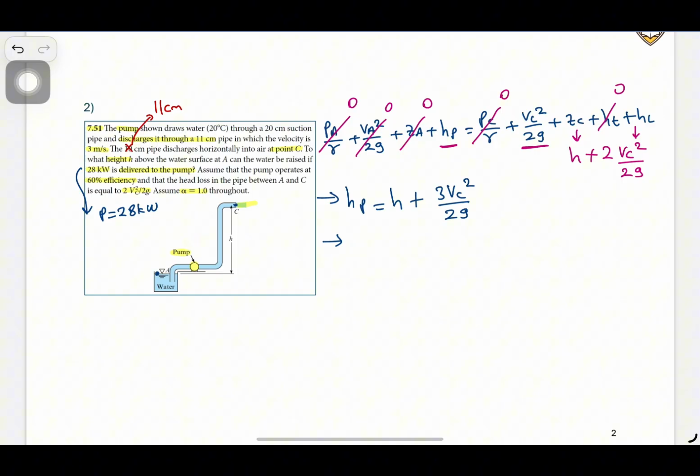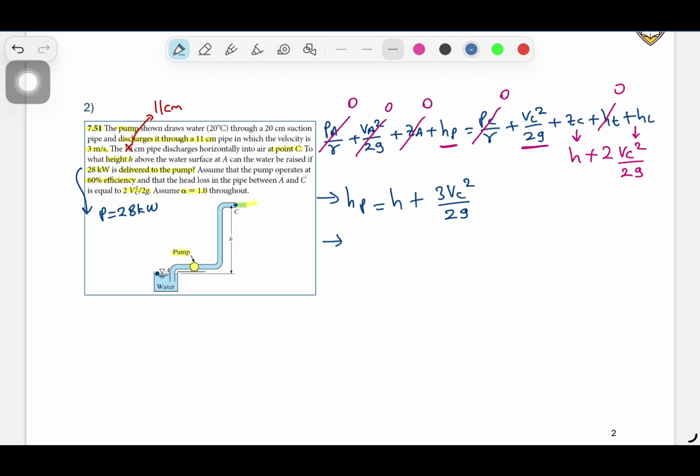Since the pipe diameter is not changing throughout the system, except this area, because it is just the suction pipe, for the entire pipe from A to C it is 11 centimeter diameter.